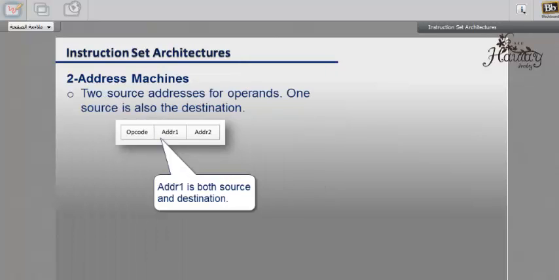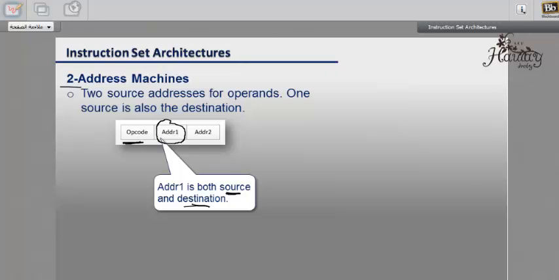Right, let's continue. Now, the third type is the two address machine. Fairly interesting, fairly simple as well. Now, on the left-hand side, always on the left-hand side, we have the code. Then, this is quite different. We have two addresses. It's called two address machine. The one in the middle, address 1, is source and destination at the same time.